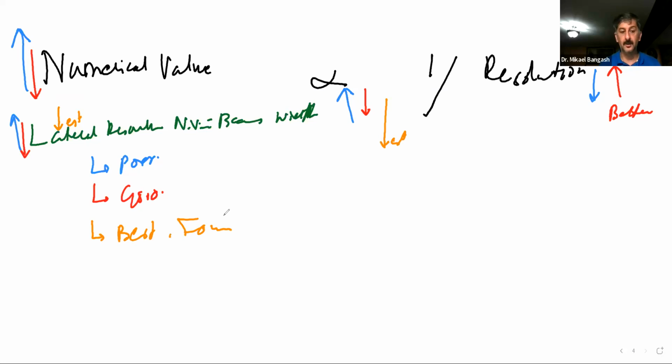Now, this numerical value has still to be compared to the distance between structures that lie side by side, or as we said in the definition, perpendicular to the main axis of the beam.